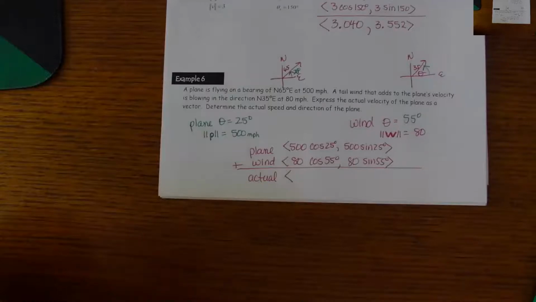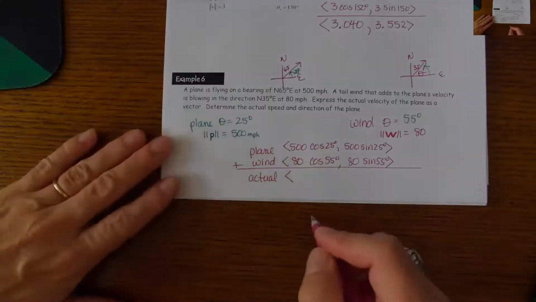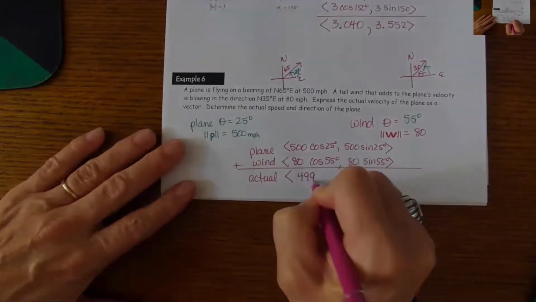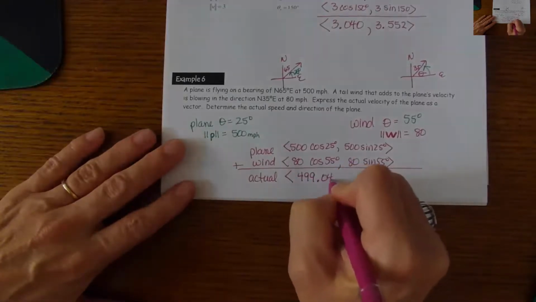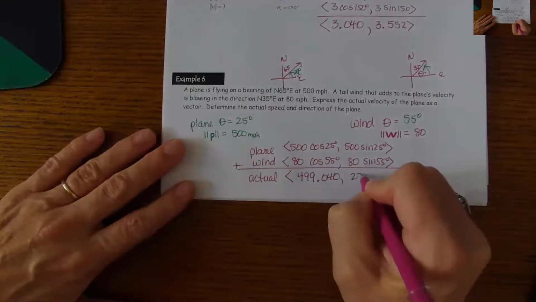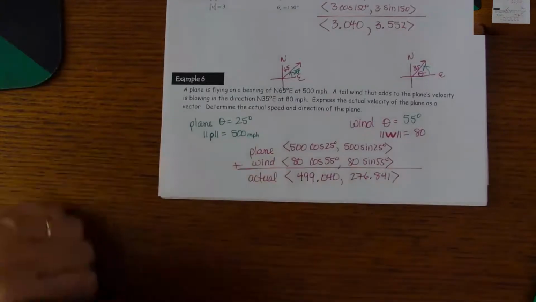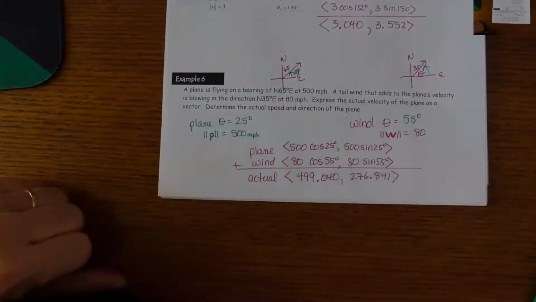True? True. All right, what'd you get? I got 499.040, 276.841. Did y'all get the same components that I got?